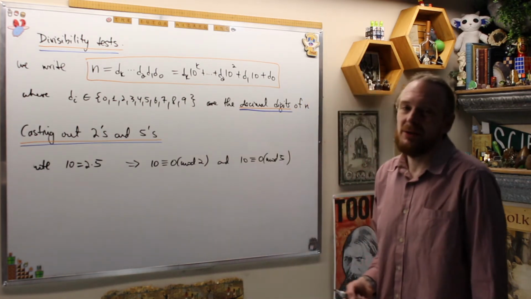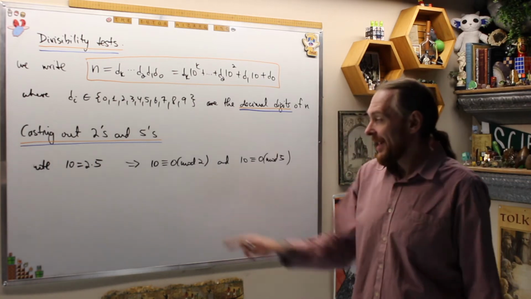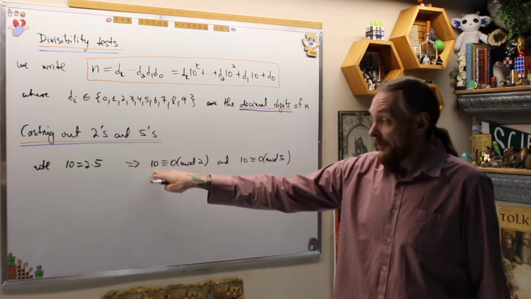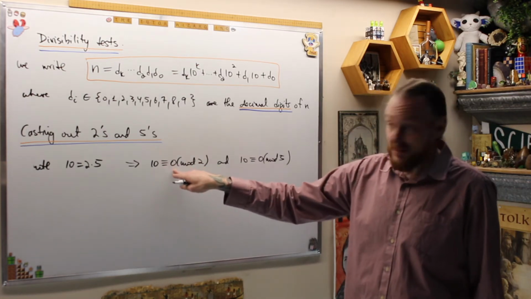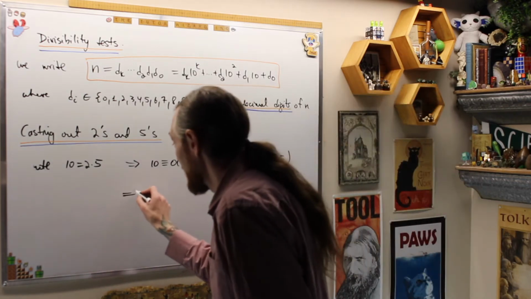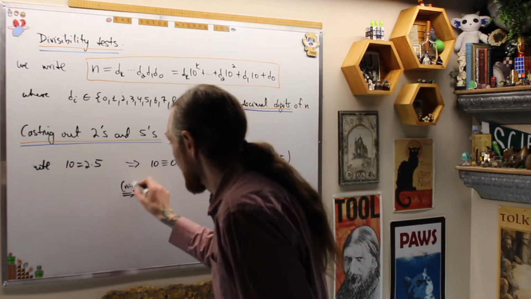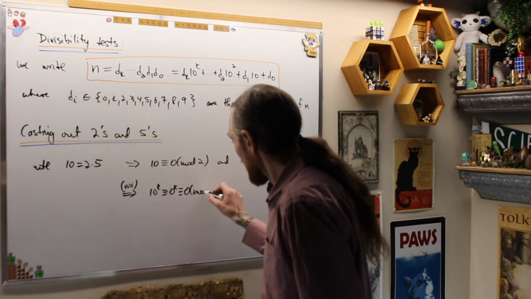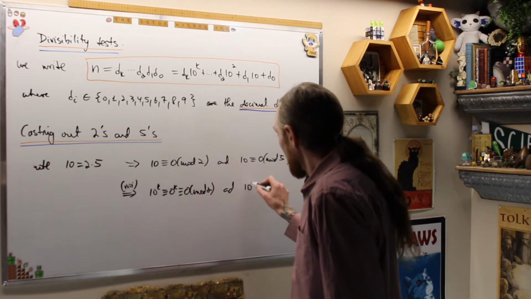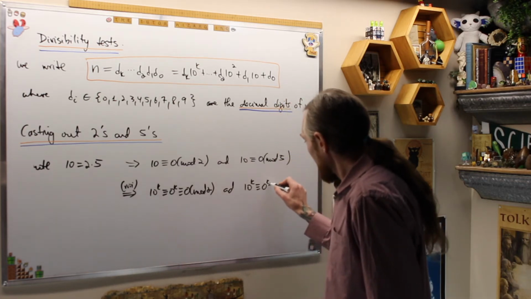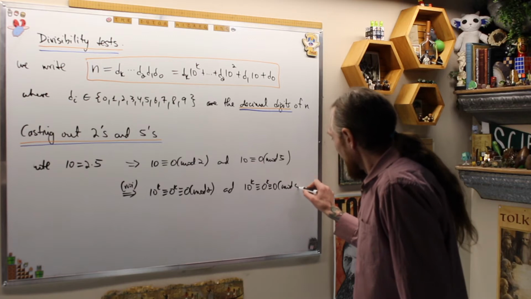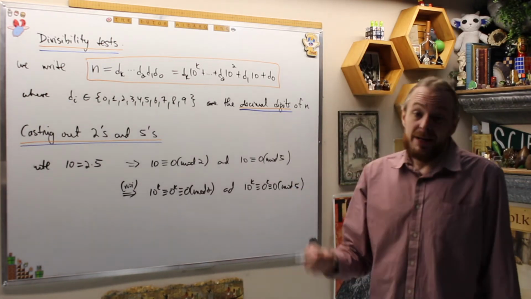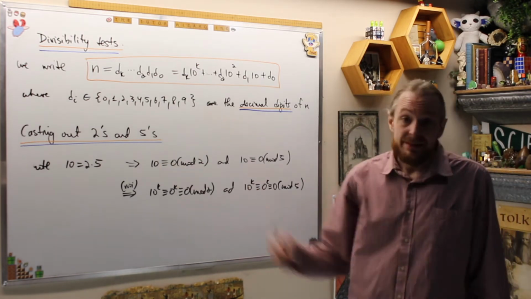Then from our modular arithmetic theorem, property 8 tells me that if A is congruent to B mod M, then all powers of A are congruent to all powers of B mod M. So by our theorem part 8, 10 to the k is congruent to 0 to the k, which is always 0 mod 2, and 10 to the k is congruent to 0 to the k, which is always 0 mod 5. So all the powers of 10 leave a remainder of 0 when I divide by 2 and 5. This shouldn't be surprising. 10 is 2 times 5.